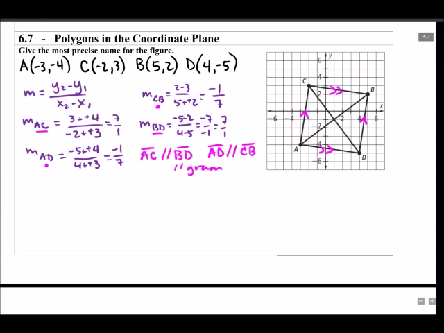What else does it tell us? It tells me we've got opposite reciprocal as well, don't we? Who's opposite reciprocal? Well, AC is perpendicular to who? AC is perpendicular to CB.